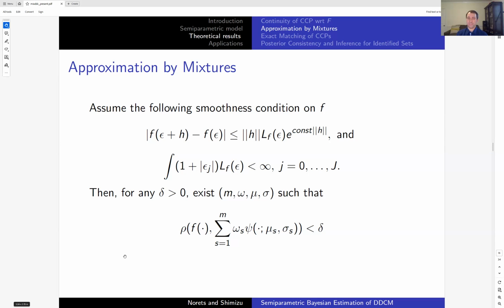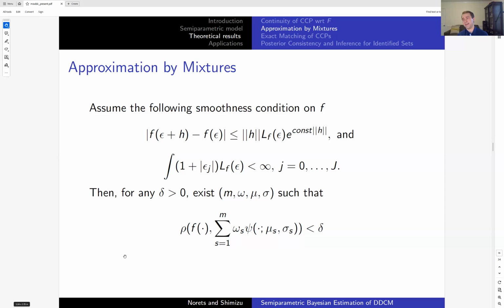So here we just use maybe somewhat stronger than necessary conditions for the class of densities that can be approximated by mixtures of extreme value IID distributions. So we have this kind of Lipschitz type of condition with some envelope function that has to satisfy some conditions.